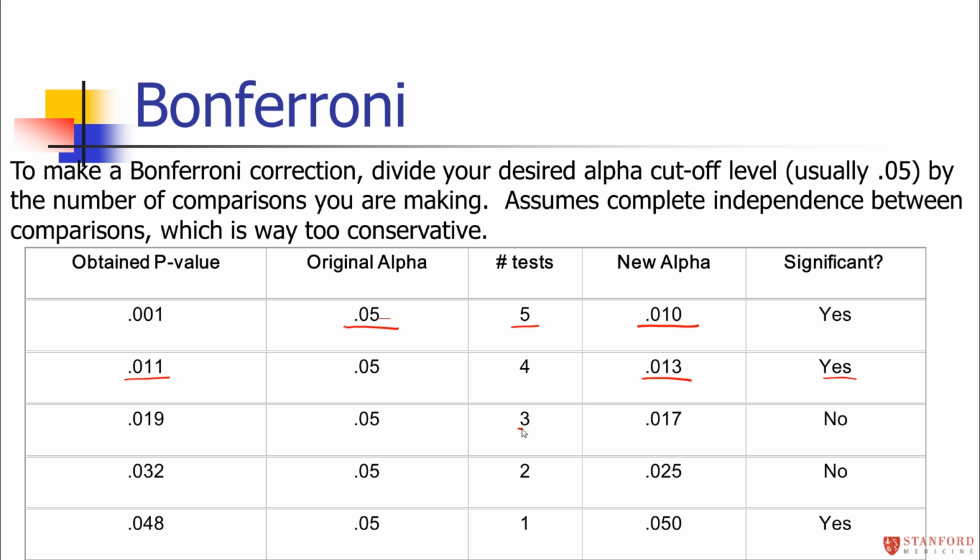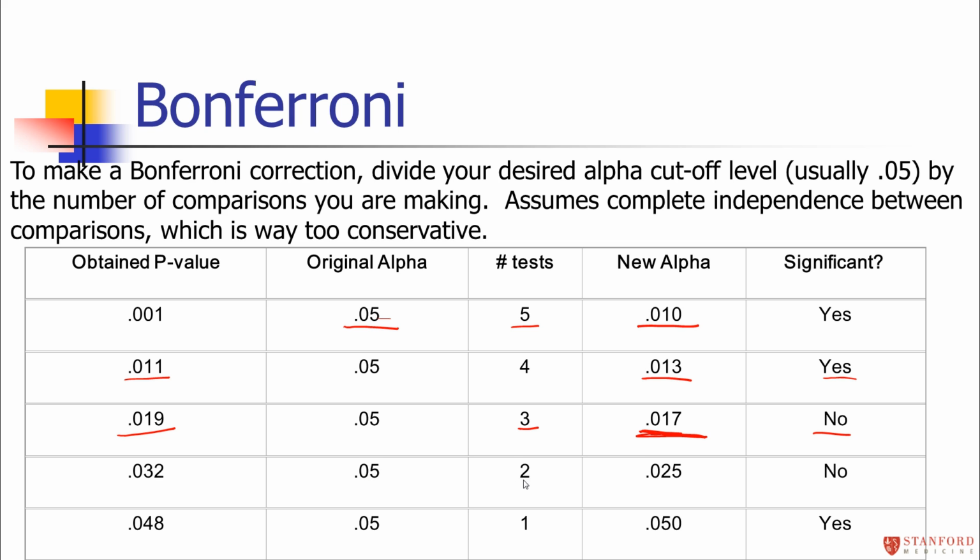How about, though, if you ran 3 tests? Then if you're going to do a Bonferroni correction, you change your significance level to 0.017. So a p-value of 0.019 would now no longer be statistically significant. In conventional statistical significance, 0.019, we'd say that was significant. But when you apply Bonferroni, correcting for the fact that you ran 3 tests, say 3 outcomes, then that's no longer statistically significant. And so on and so forth.